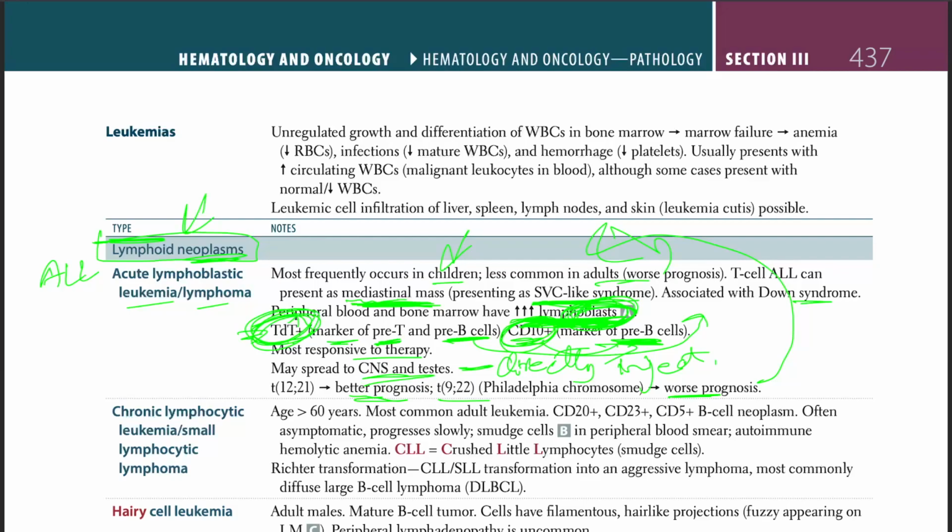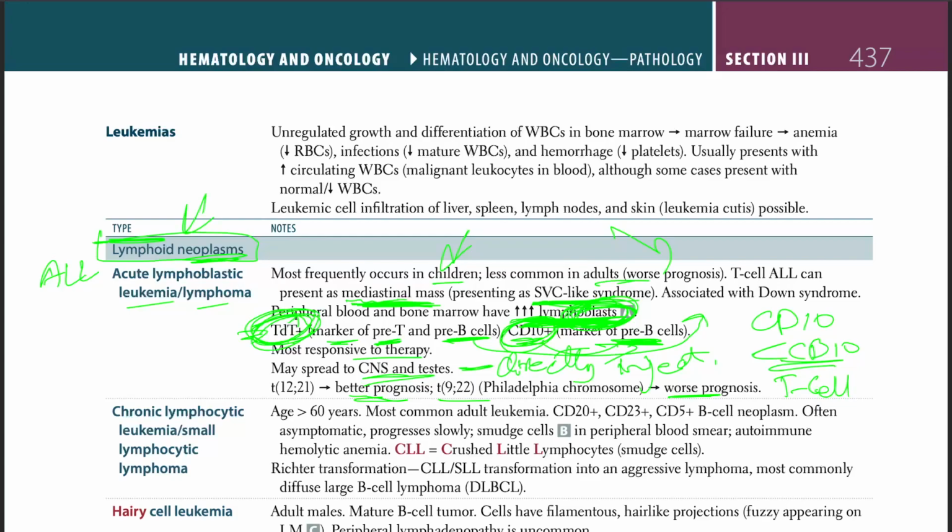But what about if they're T cells? Well, they haven't mentioned it here, but the way I think about it, if the CD10 is less than CD10, then always think that it is T cell origin. All the T cells have less than CD10.